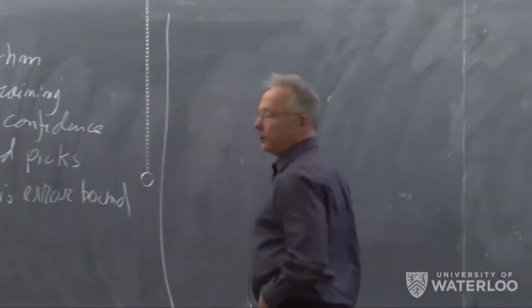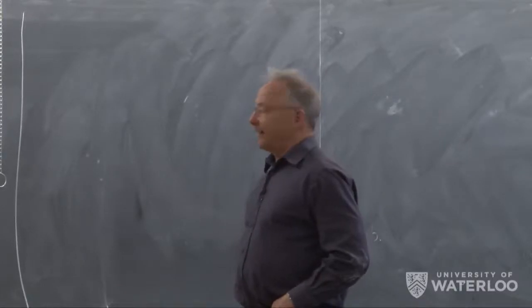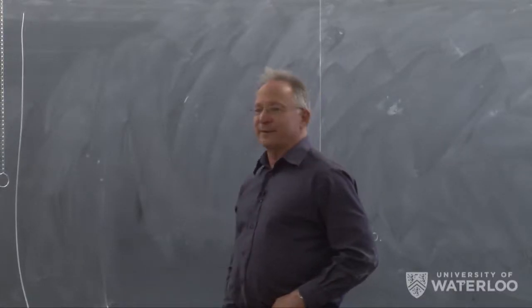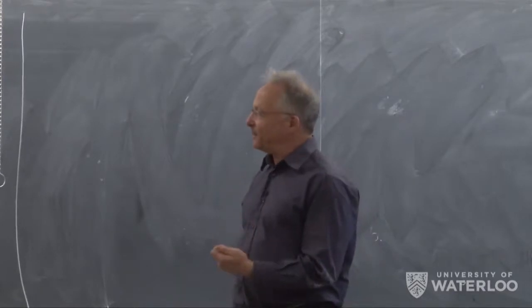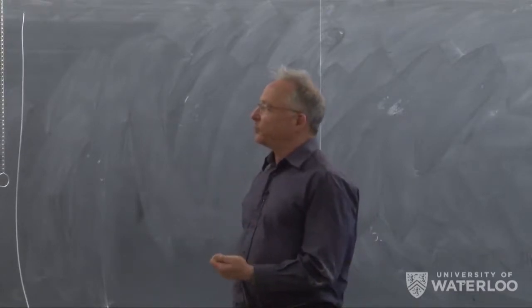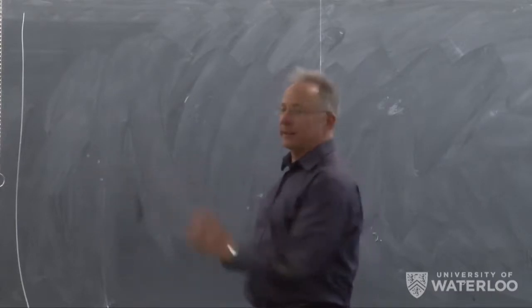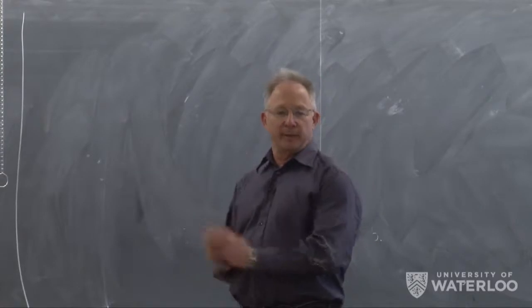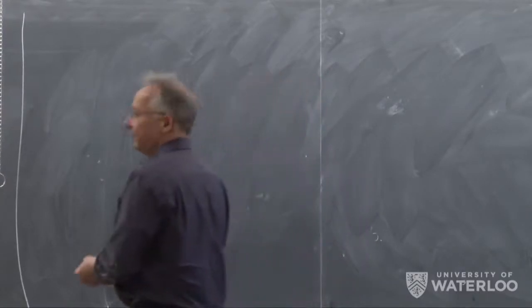So what do we need to prove now? I guess we don't want to see any more proofs. The next claim that I have to show you is, why is this a good algorithm? Intuitively, it makes sense. But formally, why is it a good algorithm? And here we can have a theorem.